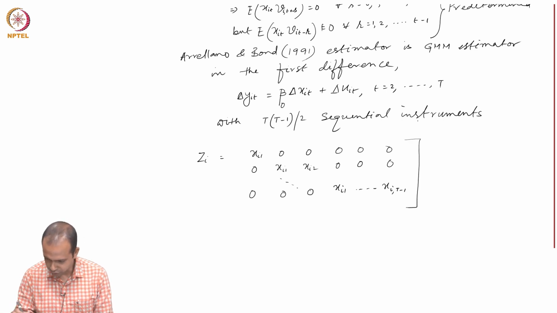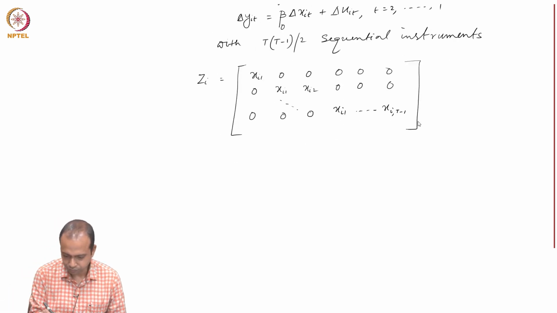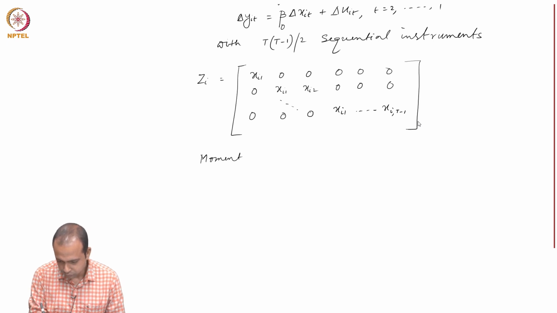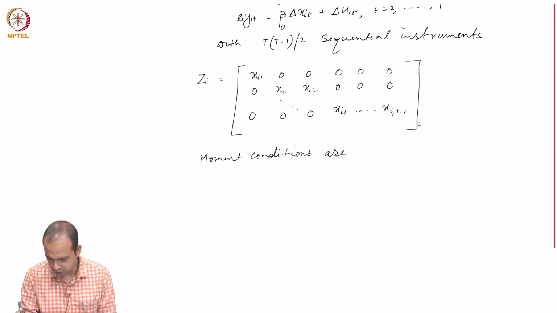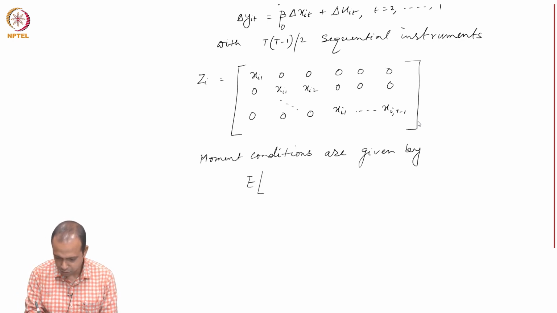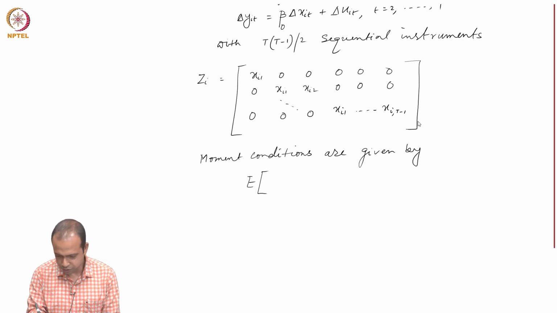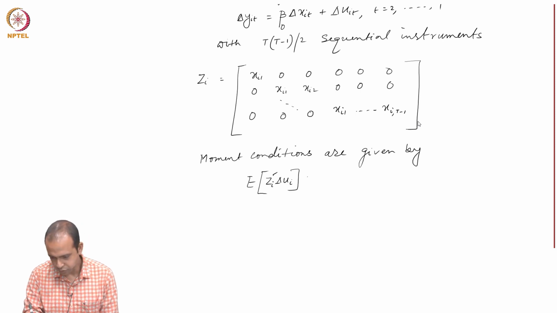So, that was our instrument matrix, and the moment conditions are given by expectation of Z_i prime delta u_i equals 0.